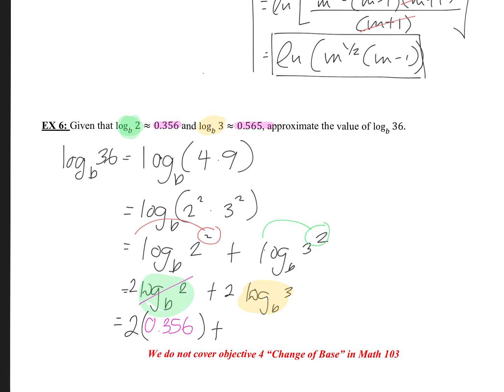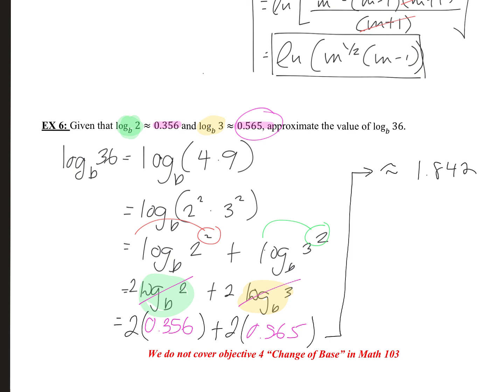And then I'll swap out log base b of 3 with the value they gave me, 0.565, which was also being multiplied by 2. Multiplying that out, our answer is approximately 1.842. And we are done.